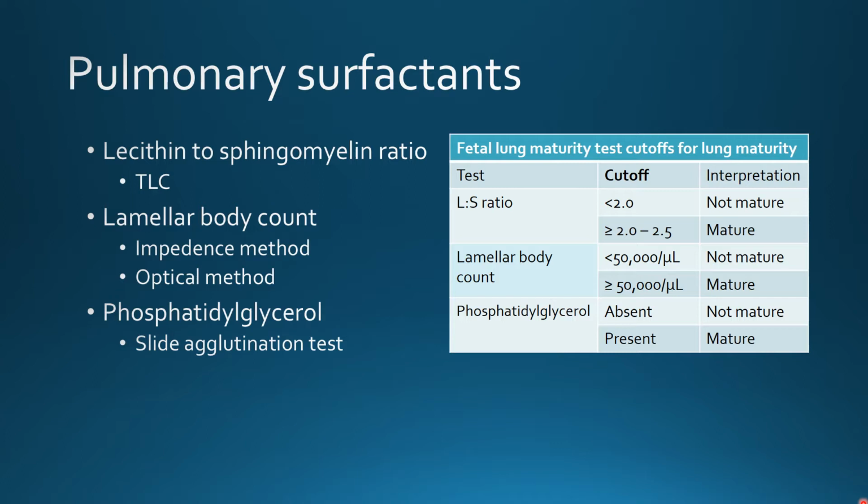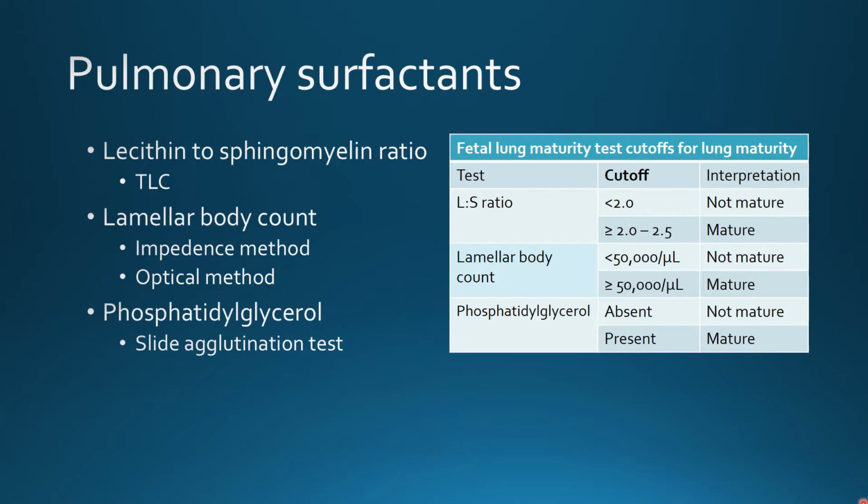Now, the lamellar body count is a second test that could be done. Those are the granules that contain the phospholipids and a little bit of protein, but mostly phospholipids. If you do a count on the fluid, you'll get these different size globules, and they'll be somewhere between 1.7 and 7.3 femtoliters, which includes the size of a platelet, but starts much smaller than a platelet.